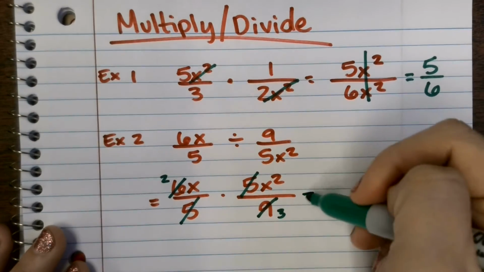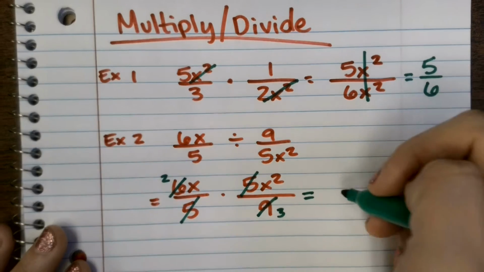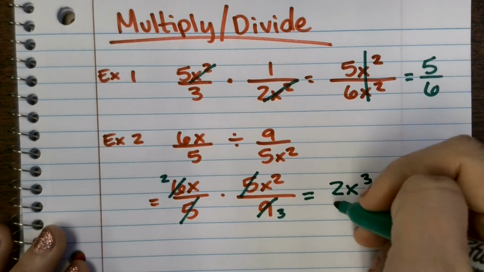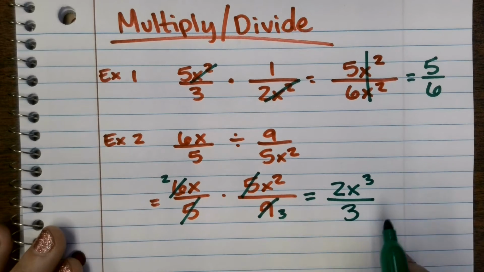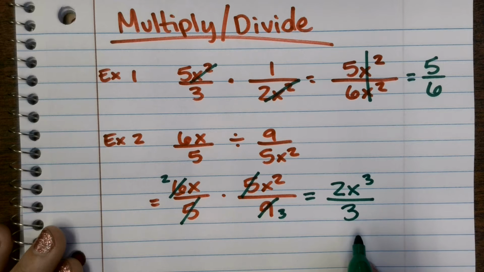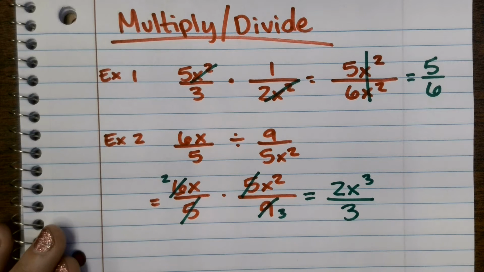And now I'm ready to go ahead and multiply across, where I've got my 2x times x squared is a 2x cubed, and then over 3. If you get at the end here and you still see something that you can simplify, or your coefficients, the 2 and the 3, if that's a fraction that can be simplified, then we want to keep going until it is completely simplified.